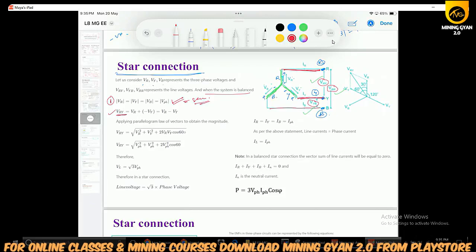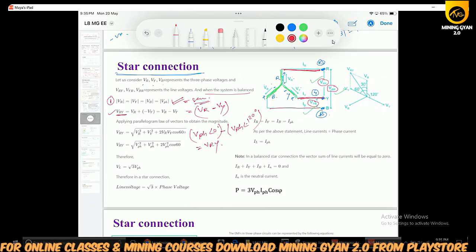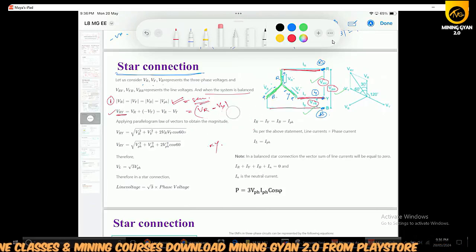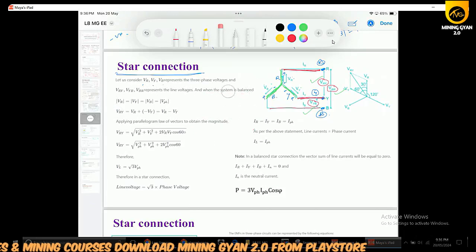VRY is the line voltage between the terminals R and Y. That is VR minus VY. VR is V phase at an angle of 0, minus VY, which is V phase at an angle of minus 120 degrees. This is how you can calculate VRY, the line voltage between the terminals R and Y.